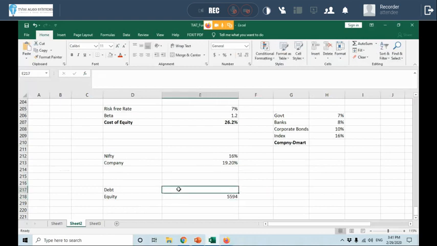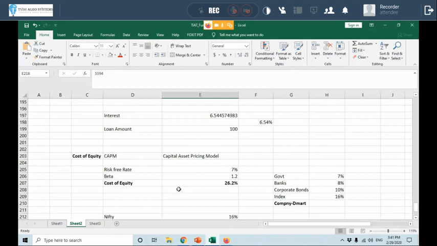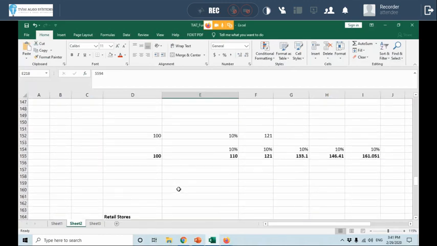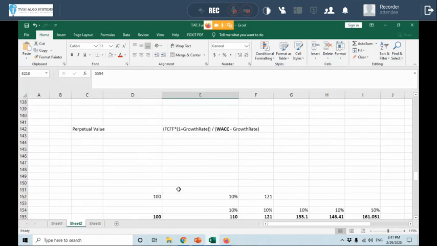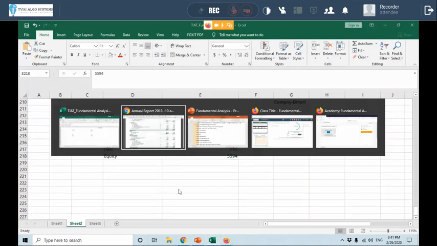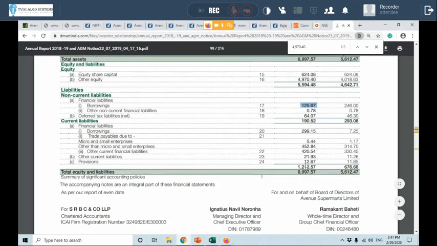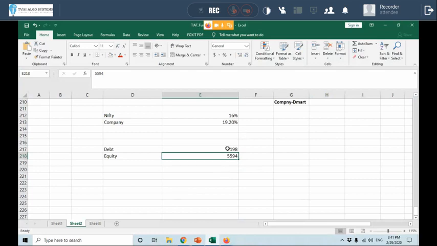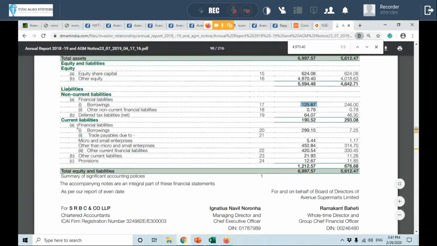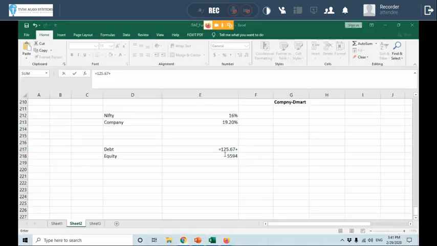Debt it had was 198 crores, right? We had seen somewhere debt, short term plus 198. Check. It was below only, 125.67, plus my current liabilities where I have borrowings which is 299.15. So this is my total debt.